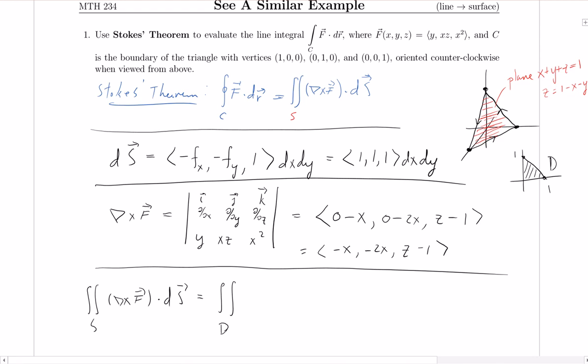Which goes a distance 1 in the x and y direction. And our curl, we have minus x, minus 2x, and everywhere we see z, we should substitute the equation for our graph. So instead of z, we should plug in 1 minus x minus y. So we have z minus 1, so that's just negative x minus y. Dot. And above, we have dS is (1, 1, 1).